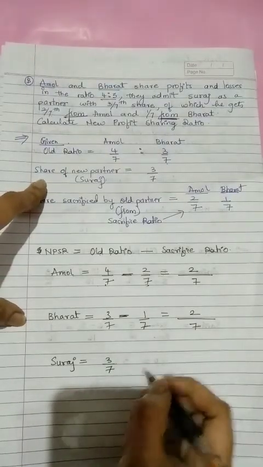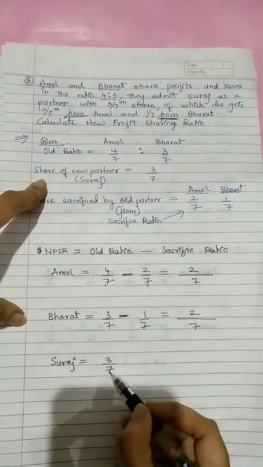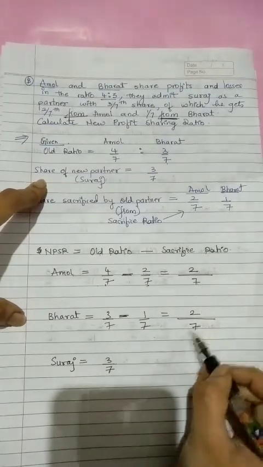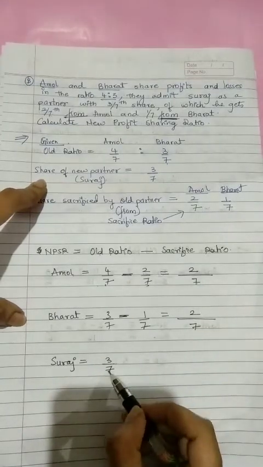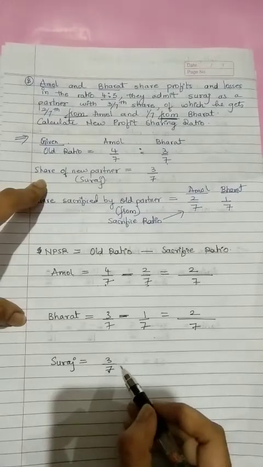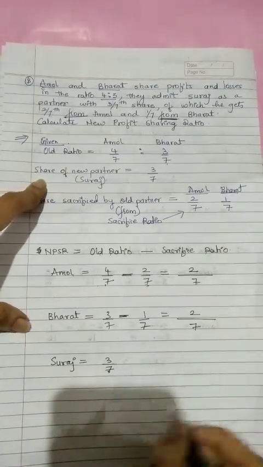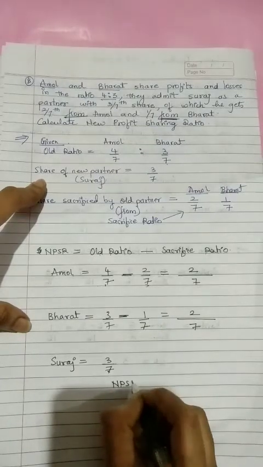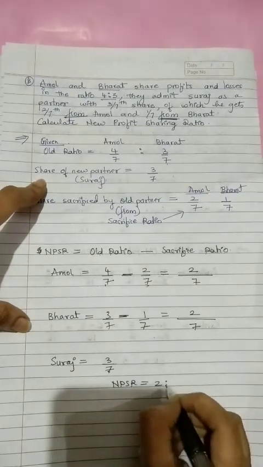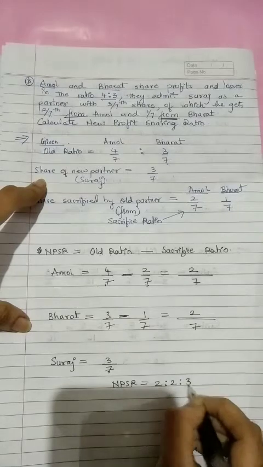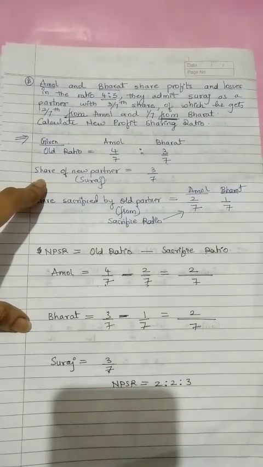Now see students, over here in this question the denominator of all the three partners is already equal. Okay, here we don't need to make the denominator equal for Suraj, the new partner, because it is already equal. So we can directly write here new profit sharing ratio is equal to 2 is to 2 is to 3. Okay.